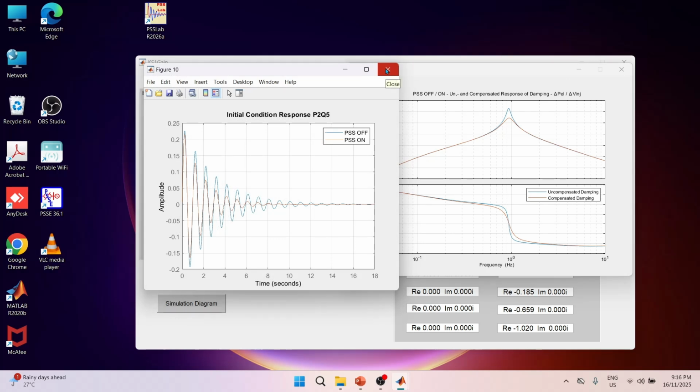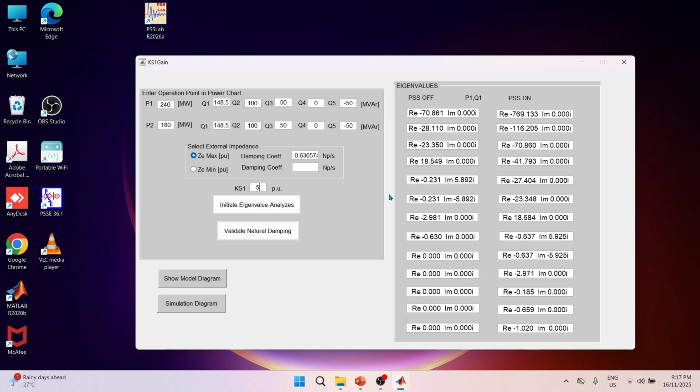The responses are similar, however, there are some differences in frequency of oscillations and amplitudes. Since we are not happy with the slow decay of the red curve with PSS on, we try to increase the KS1 from 5 to 10, for example. So I write here 10 and click on Initiate Eigenvalue Analysis.